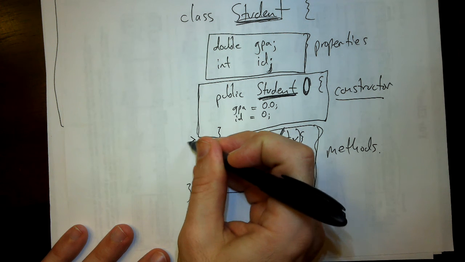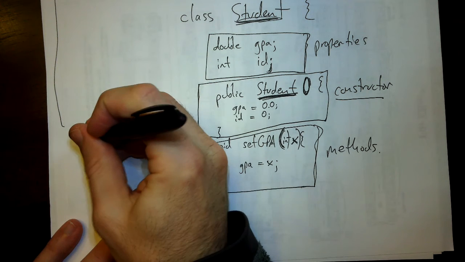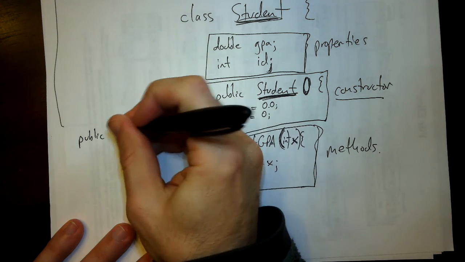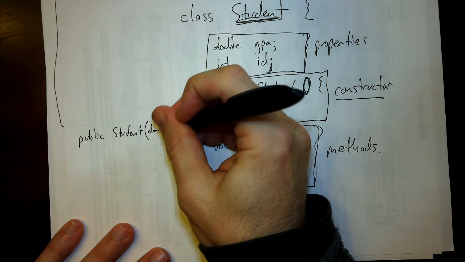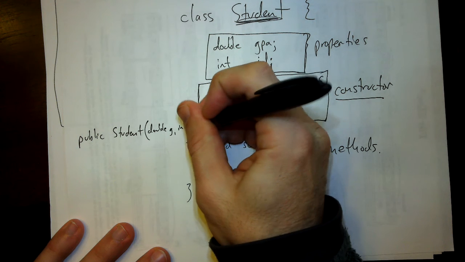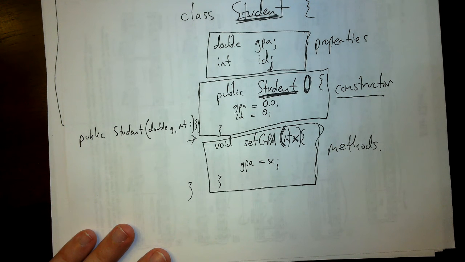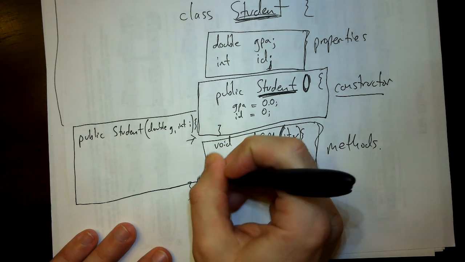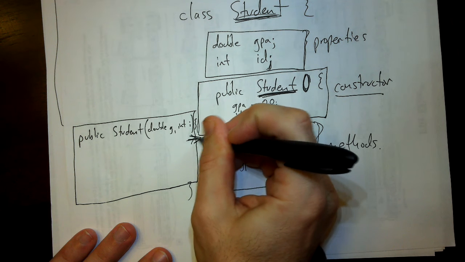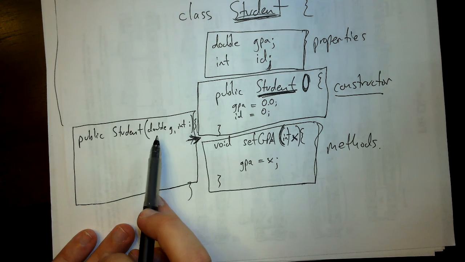But right below it, or actually anywhere in the class, but usually right below it, I could create a new constructor that accepts a double and an integer.